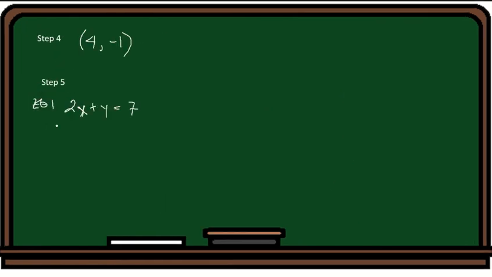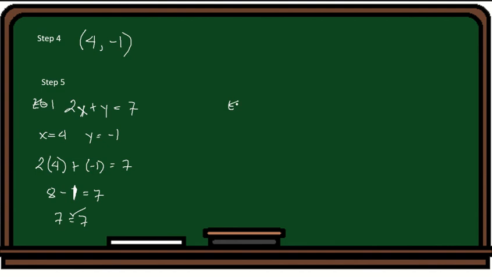So x is equal to 4 and y is equal to negative 1. So 2 times 4 plus negative 1 is equal to 7. So we have 8 minus 1 is equal to 7. 7 is equal to 7. So in the first equation, our ordered pair is true.